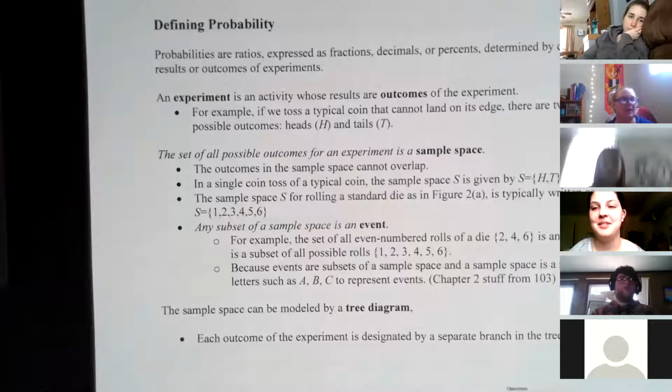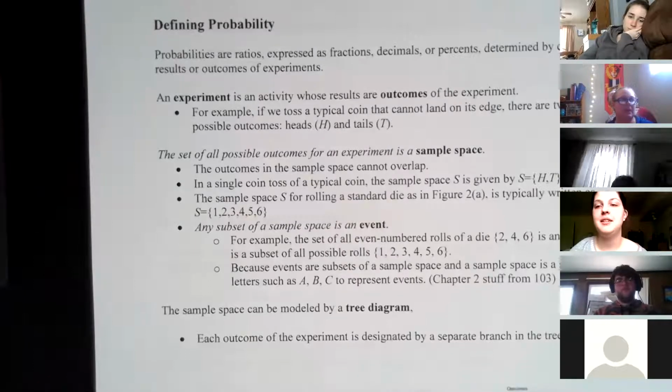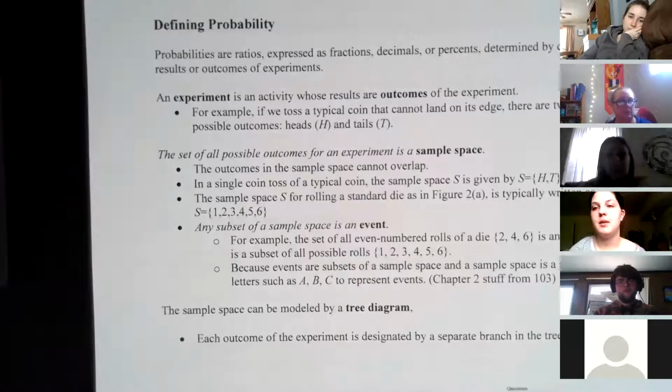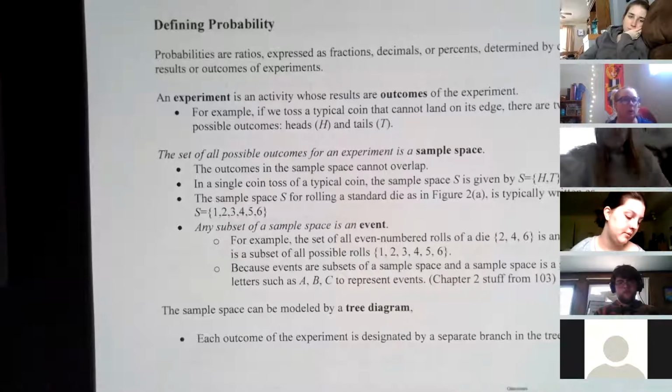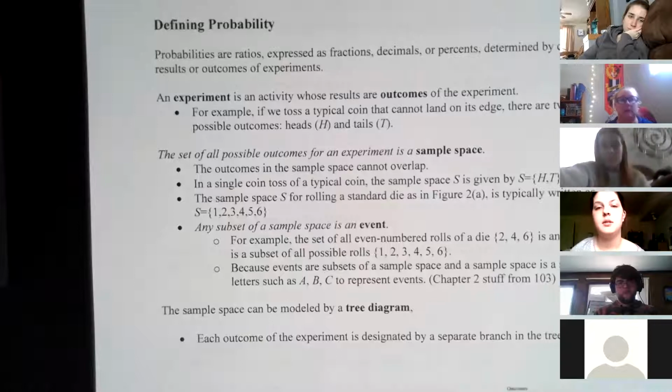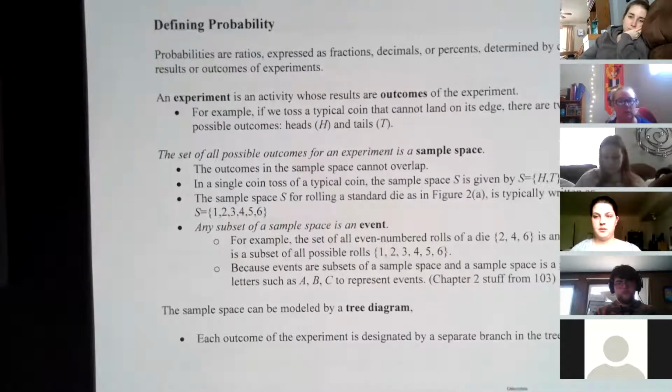So if we look at an experiment, it is an activity whose results are outcomes of the experiment. A simple example is that if we toss a coin, it cannot land on its edge, and we know that it's going to have one of two outcomes, a heads or a tails, right? Assuming it's a fair coin.